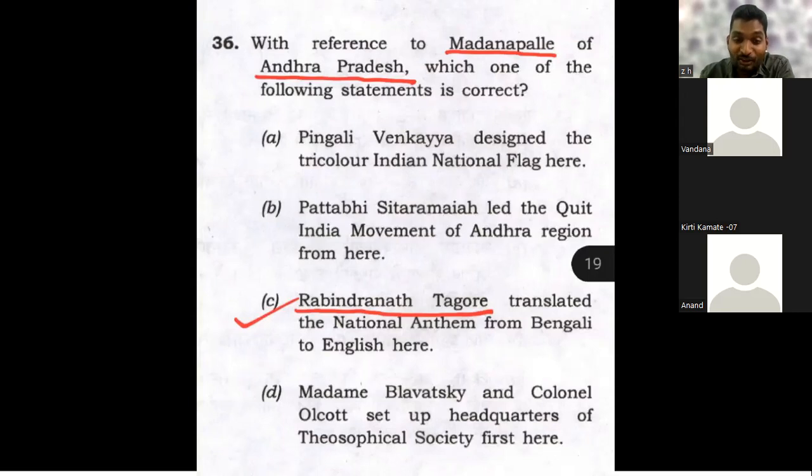Okay, coming back to the question, option C, Rabindranath Tagore. Now, you don't have a strong reason to relate Rabindranath Tagore to South India, but you have this subconscious compulsion to relate Pingali Venkayya, Pattabi Sitaramaiya, and the Theosophical Society to South India. But here, as per the official answer key, Rabindranath Tagore, option C, is the correct answer.